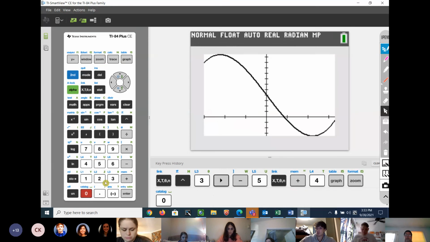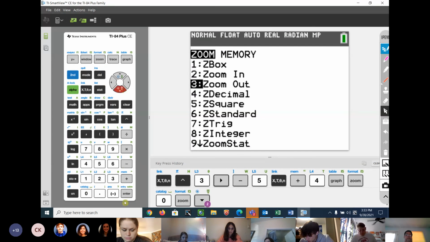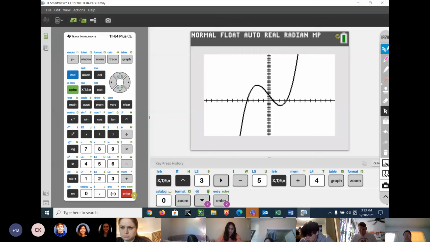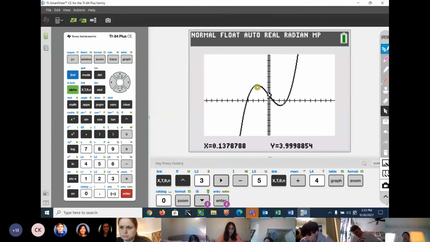There's your saddle. Let me zoom out. There it is. So I know I've got a vertex there and a vertex there.